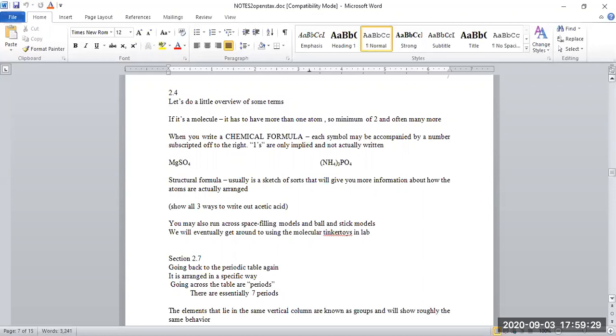We have molecular Tinker Toys. I'll probably, on one of the last labs of the semester, show them to you so you have an idea how they look in reality. I'm probably going to scavenge some from work and bring them home so I can show you on Zoom how they look. But let me talk about the structural formula. So let me stop my share again.